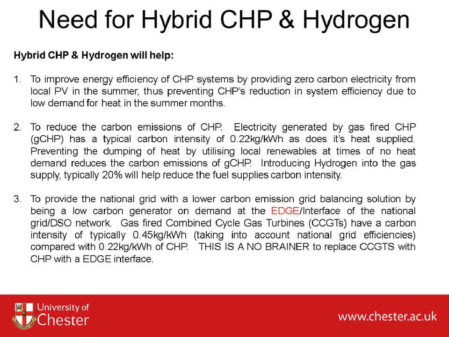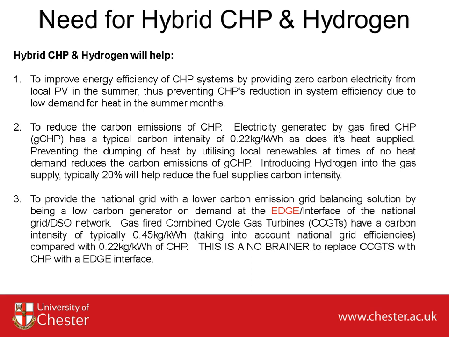And finally, we need to move into smartness and our edge interface. Our edge interface is very important for managing the grid and how the grid can help the distributed energy system, and more importantly, how the distributed energy system in the future can help the grid.